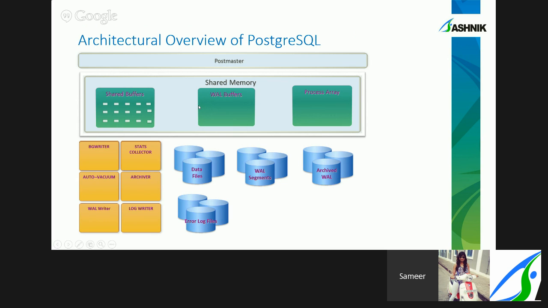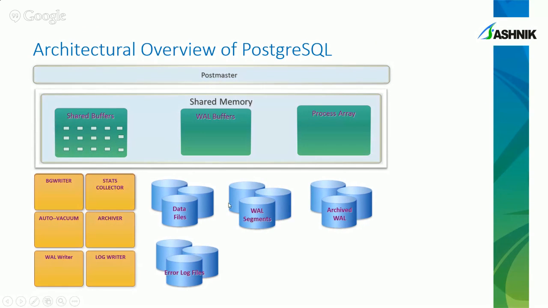And to avoid losing changes, PostgreSQL maintains WAL segments. These WAL segments capture each and every update, insert, delete, and other modifications in the WAL files. And these WAL files can be reapplied in case of a crash. So that is how PostgreSQL recovers from a crash.